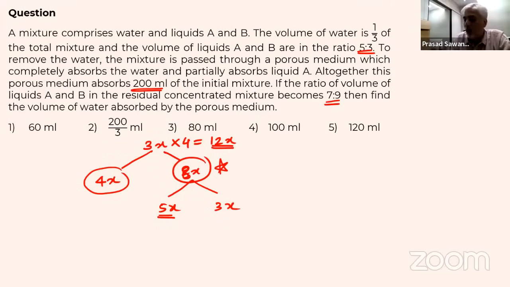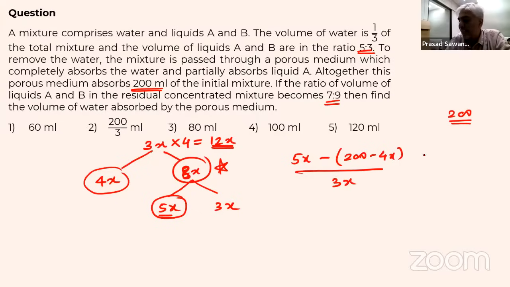And the remaining, how much is A? If I'm removing 200, out of which 4x is water, what is the balance? 200 minus 4x. So A becomes 5x, out of which I will remove 200 minus 4x. B will remain as it is, and this will become 7/9.